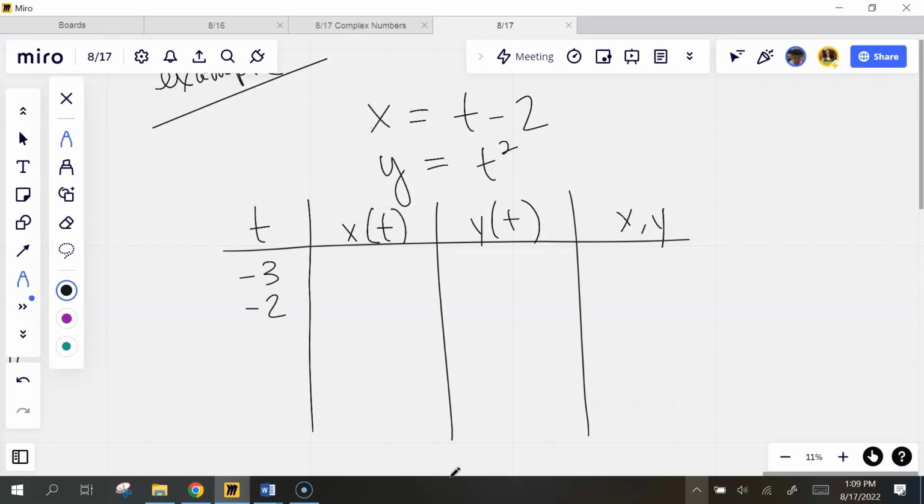Some values here, just so that we can pick up. Think about whenever you first started graphing things in whatever grade you start graphing things in, and you did a basic t-chart, maybe -3 up to 3 or something of the sort. We're going to do the same thing with this parametric function and see what happens and see what it looks like.